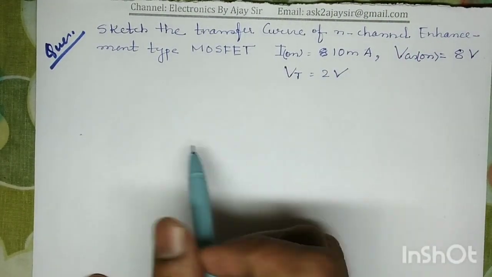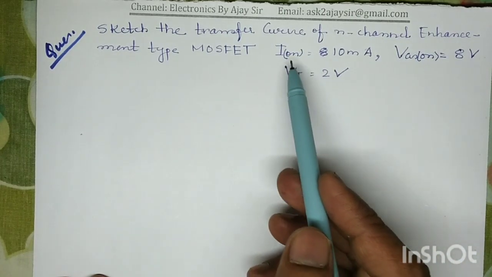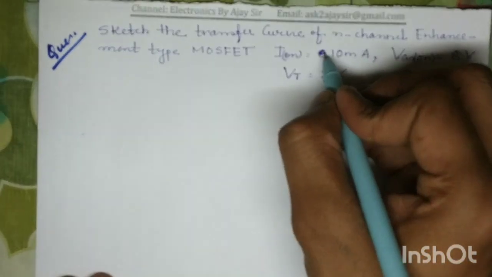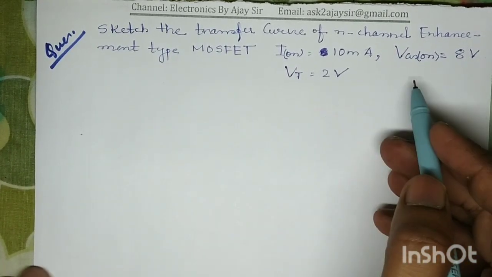So here is the question. Sketch the transfer curve of the n-channel enhancement type MOSFET, and the values I on is given 10 milliampere, VGS on is given 8 volt and VT is equal to 2 volt.